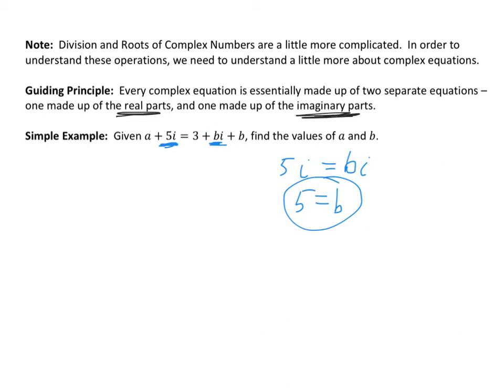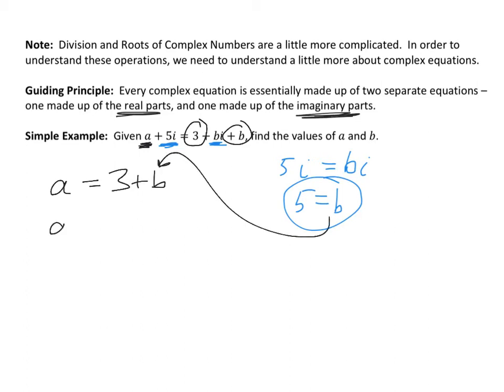Okay? And if I have that, I should also be able to say, well, a is the only real thing on the left-hand side, so what does a have to be equal to? a would have to be equal to the real things on the other side, 3 plus b. But we just found out that b was 5, so a has to be 3 plus 5, which means a would have to be 8.